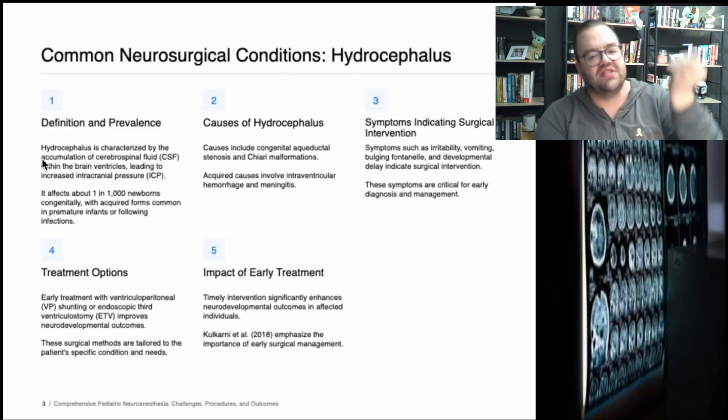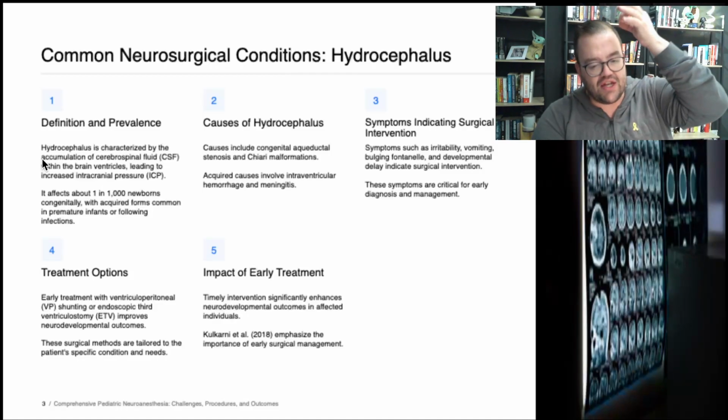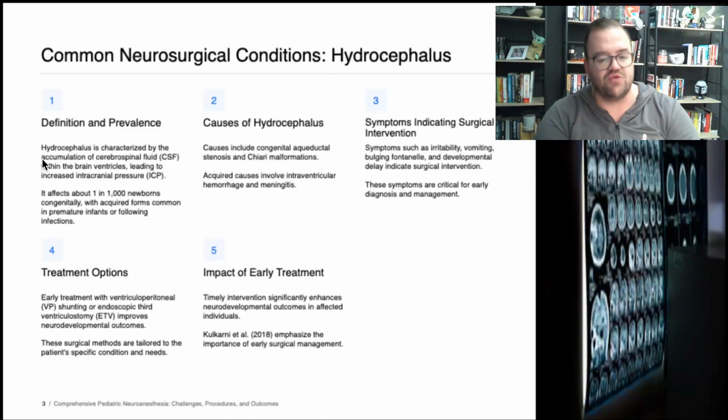As the pressure builds up, it triggers the valve to open and allows one-way drainage. You do get ventricular atrial shunts, whereby you can place the fluid directly into the atrium. Not that I've ever seen one of those.